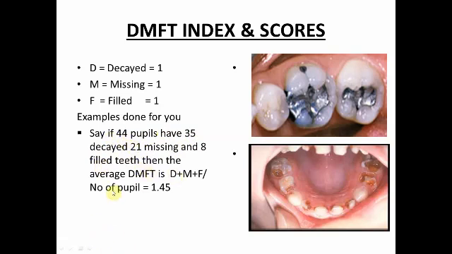We add them together and we divide it by the number of students. So if we add 35, 21, and 8 and divide it by 44, the number is 1.45. This is the DMFT for the class.